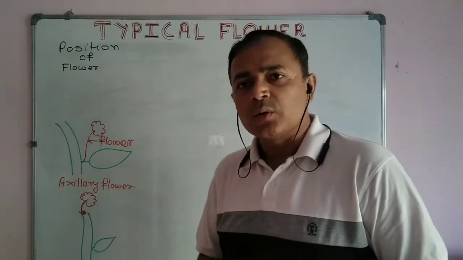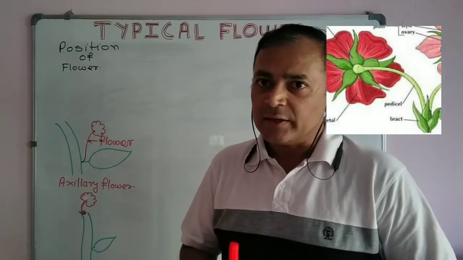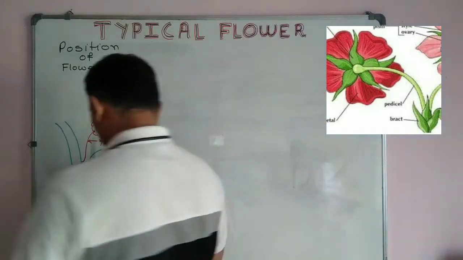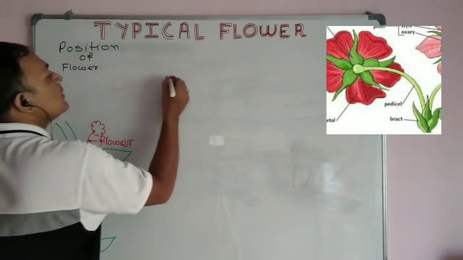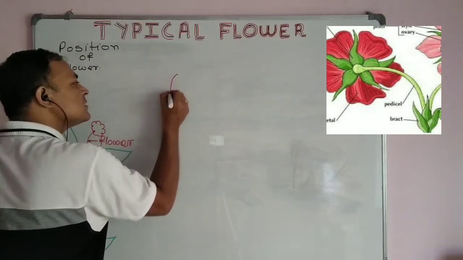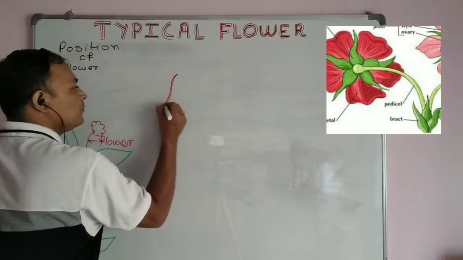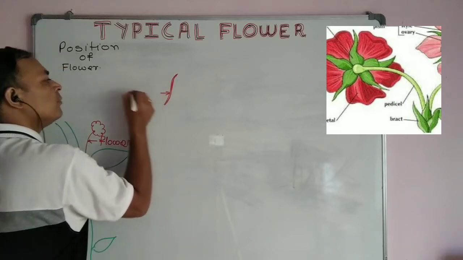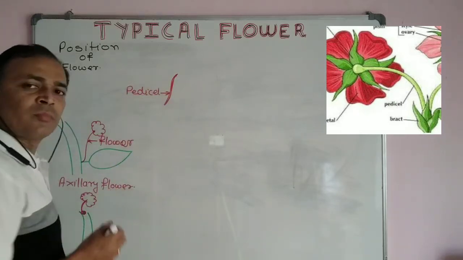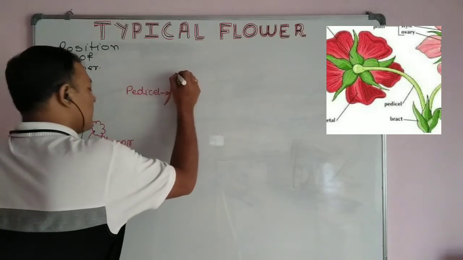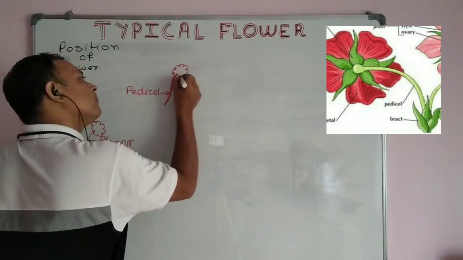Now let us talk about the bracteate flower. Suppose this is the pedicel, and this is the flower.